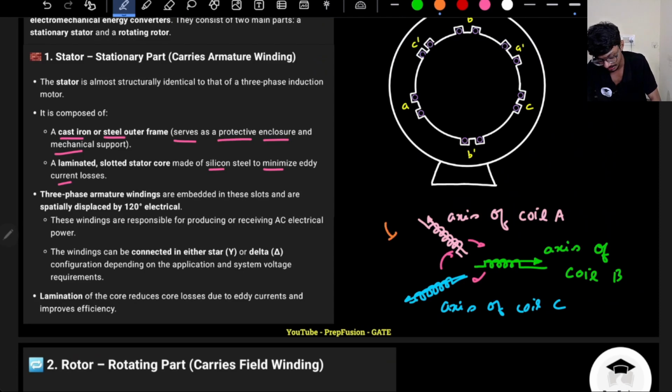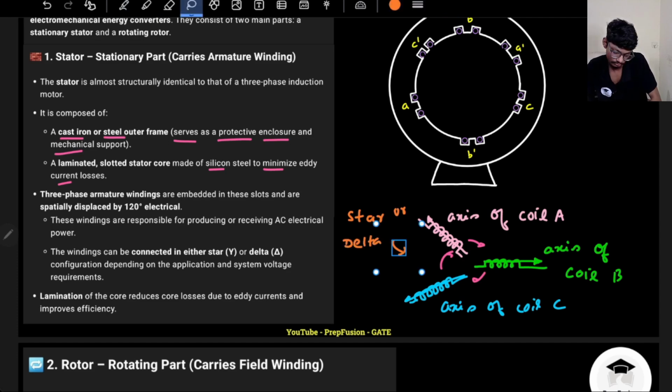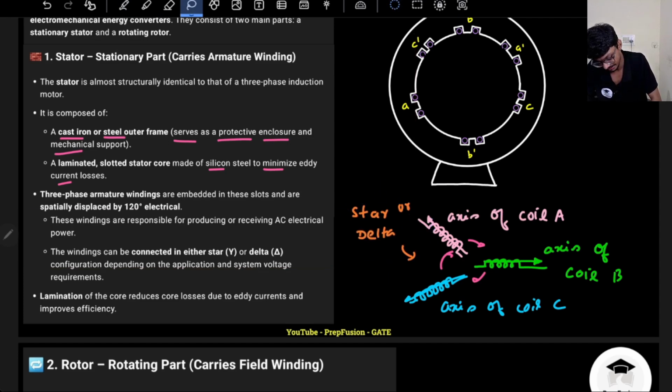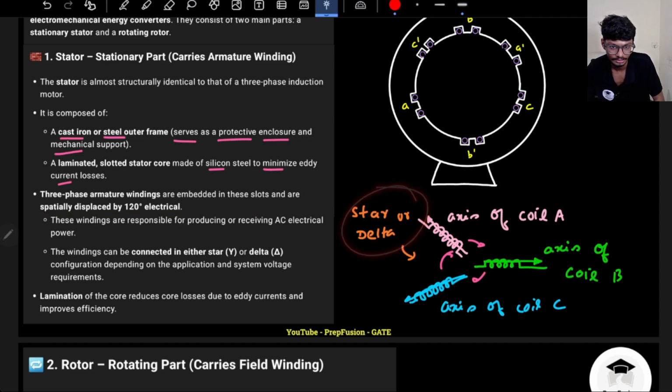We can connect it in either star or delta, it does not matter. Here you're observing it as kind of star, but we can connect it both ways.